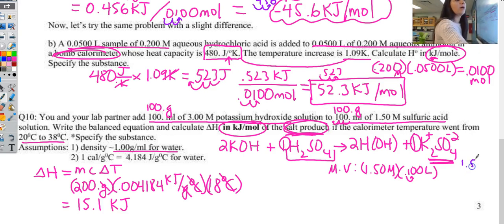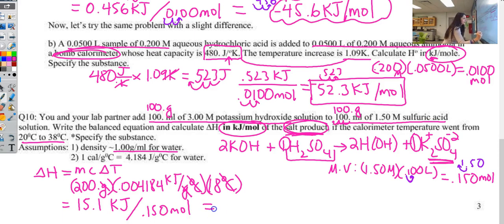So that would give me my 1.50 if I'm multiplying by 1. But since it's numerator to numerator, I want them going in the opposite direction. So in this case, I'm actually going to shift in the opposite direction. Since I went 1 to the right here, I want to go 1 to the left. And so my answer is 0.150 moles. Okay, and so now all I'm going to do is divide by 0.150 moles.